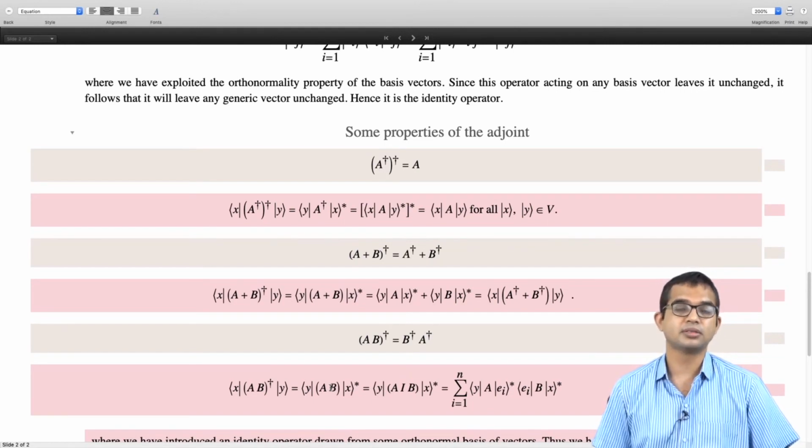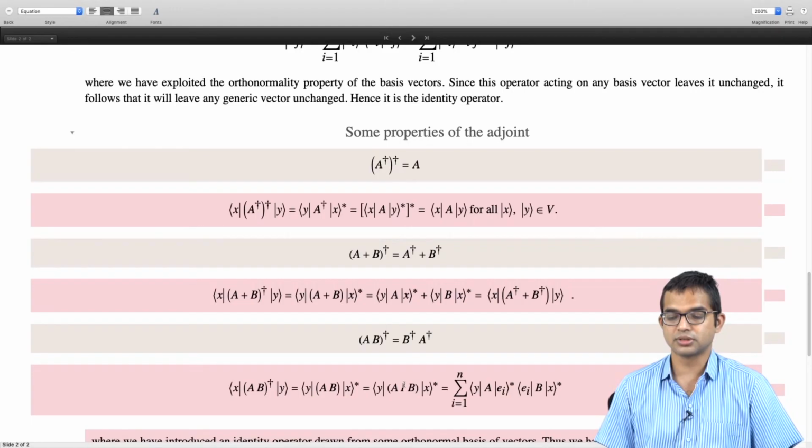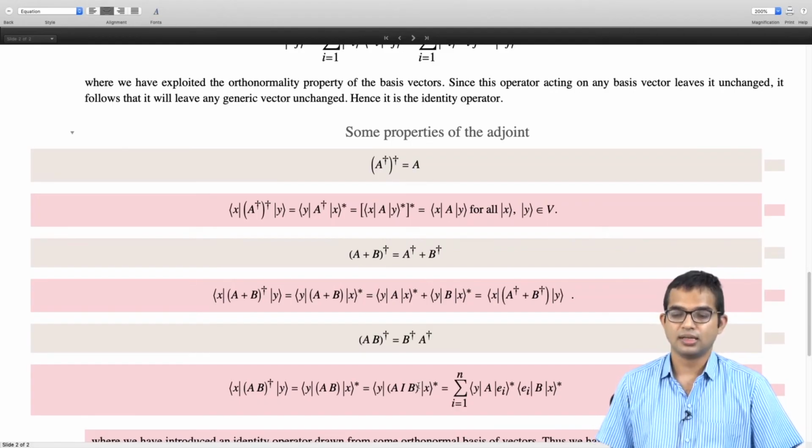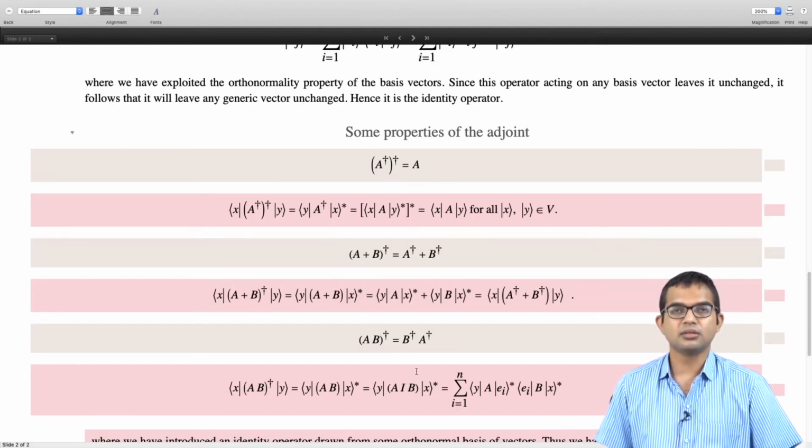The identity operator does nothing, so you just introduce this identity between A and B. This is a standard technique, so it's worth observing, and this trick appears in quantum mechanics all the time. So A, I, B, and then in place of I, we introduce what is called a complete set of states.